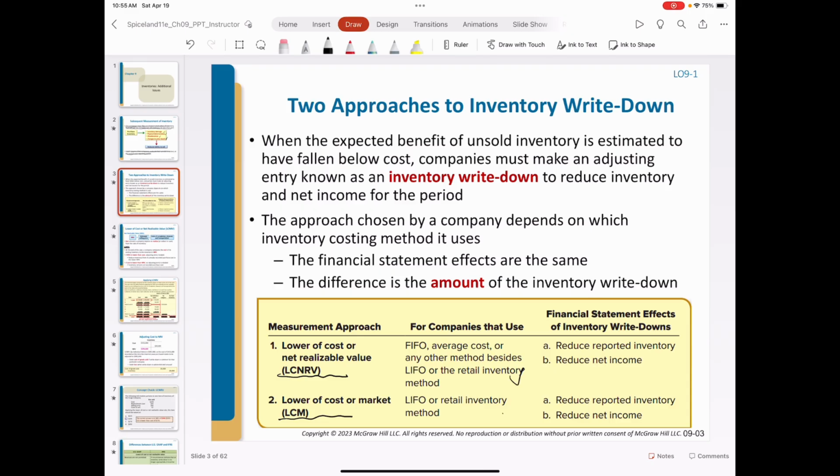This is their application and their impact on the financial statements. Since these approaches are intended to write down the book value of inventory, we will see the assets will reduce, and also the cost will increase. Therefore, the earnings will be reduced.